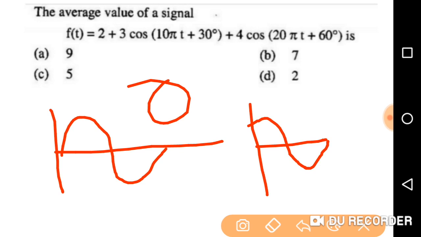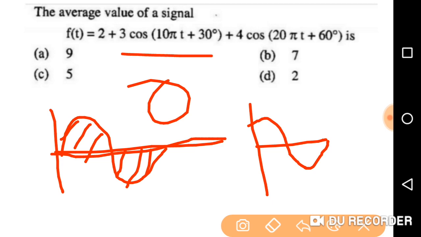The average value of a sinusoidal signal and a cosinusoidal signal is obviously 0, because in a particular cycle the positive part is equal to the negative part. So the average value is 0. So the average of these and the average of these is equal to 0. So the average of f of t is equal to 2 here. Okay, so option D is the correct answer.